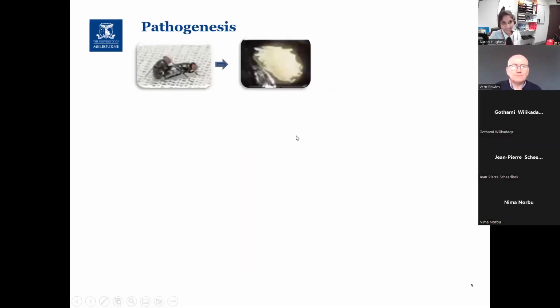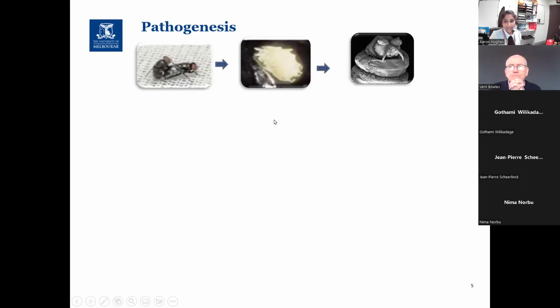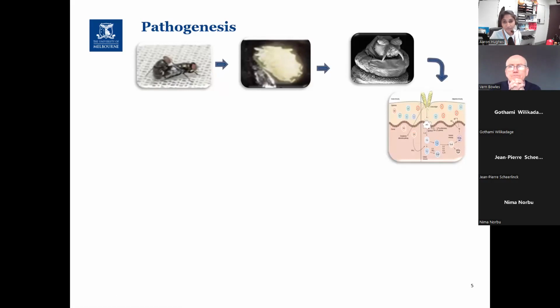Talking about the pathogenesis of the disease, as I mentioned before, female flies oviposit on the susceptible sheep, and within 8 to 24 hours, first instar larvae come out from these eggs. They have small spines in their mouth, which they use to abrade the skin.